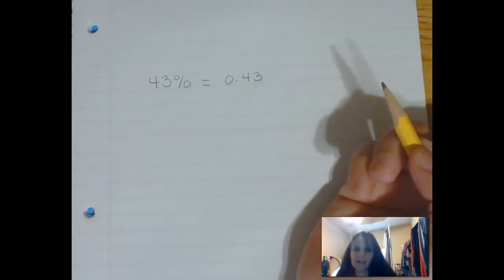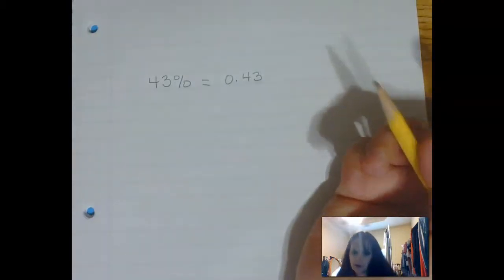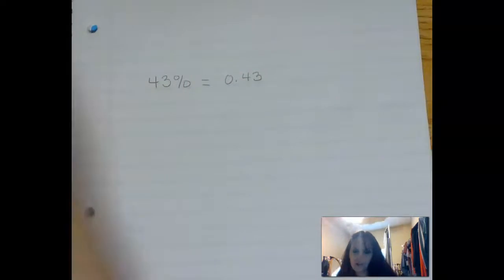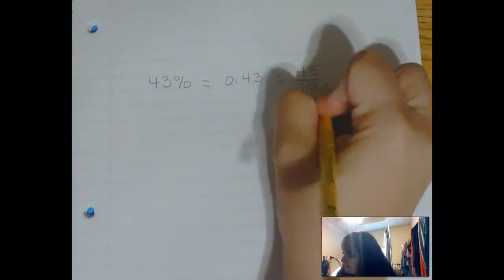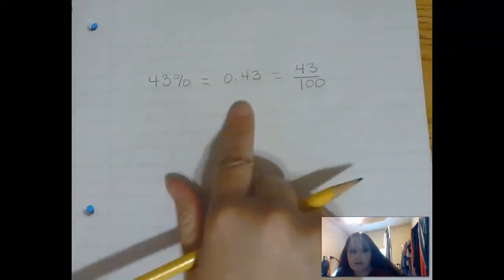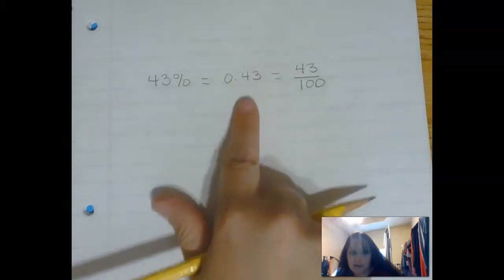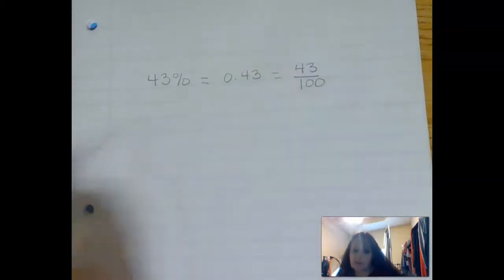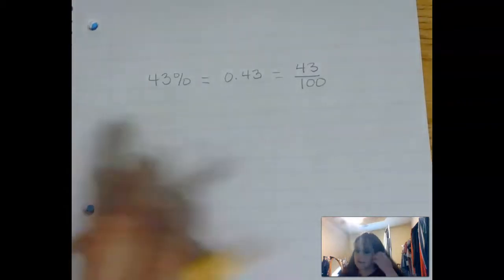When I say it out loud, you can hear that fraction. So 43 hundredths makes that fraction. So you take the percentage to a decimal, and the decimal to a fraction. So that's just a quick review on fraction, decimal, percent.